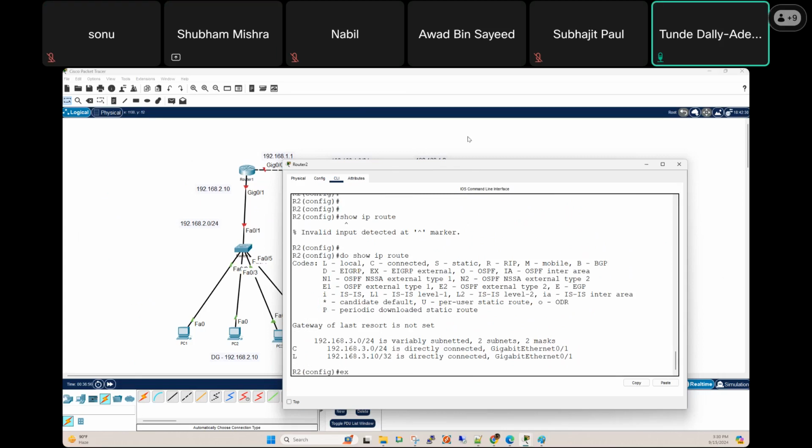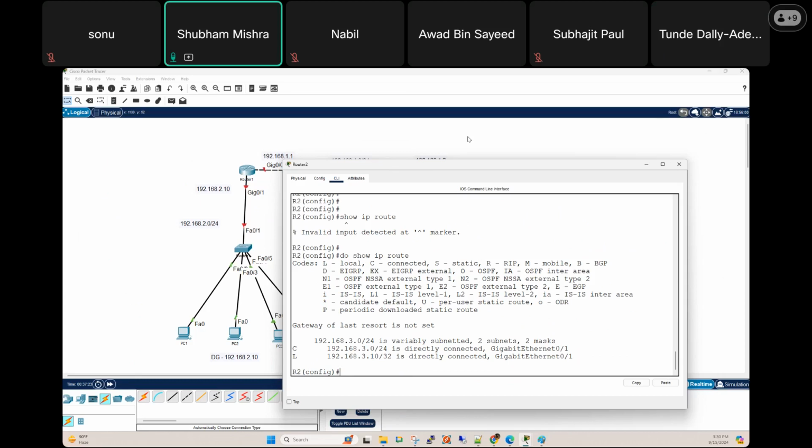What is the difference between global configuration mode and privilege mode? Nothing is different. If you want to run the same command in global configuration mode, you need to write the do keyword. That's all. The result will be the same, but do you know what the use of privilege mode is?